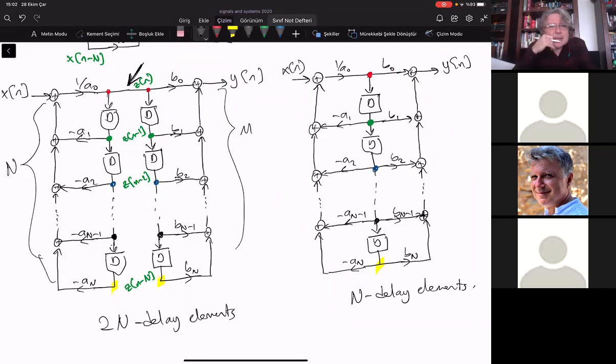Now, it's time to give some break. We made a very, very long lecture, long even by in-class standards. You may be tired of this one. And I wouldn't go into the second part, which is the implementation of continuous time, linear and time invariant LTI systems, where we are going to use differentiators converted to integrators.